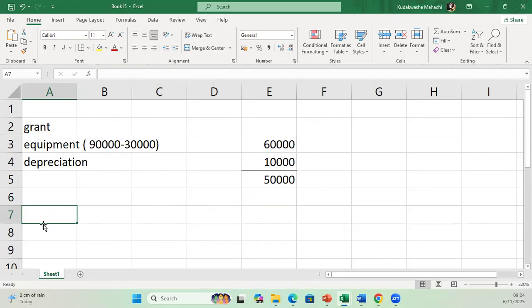Let me make the calculation, just a moment here. 50.